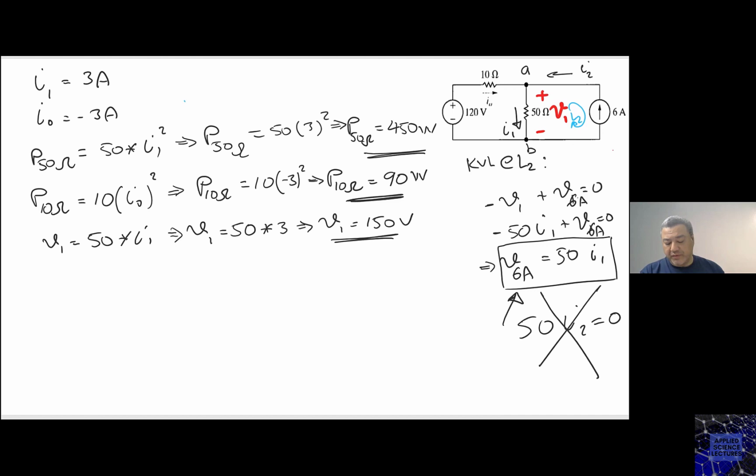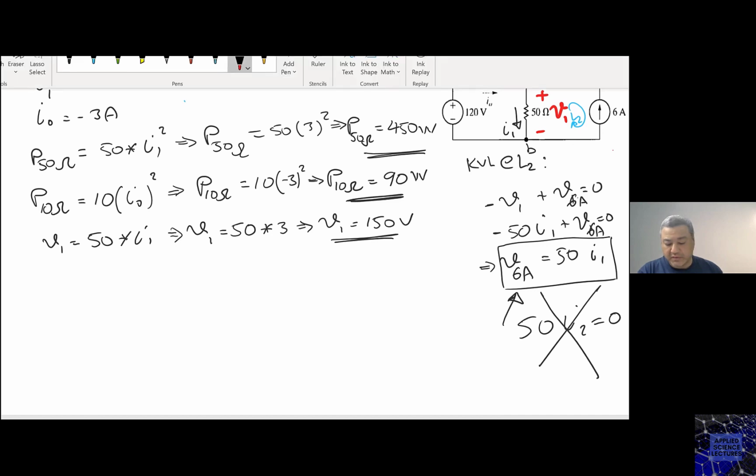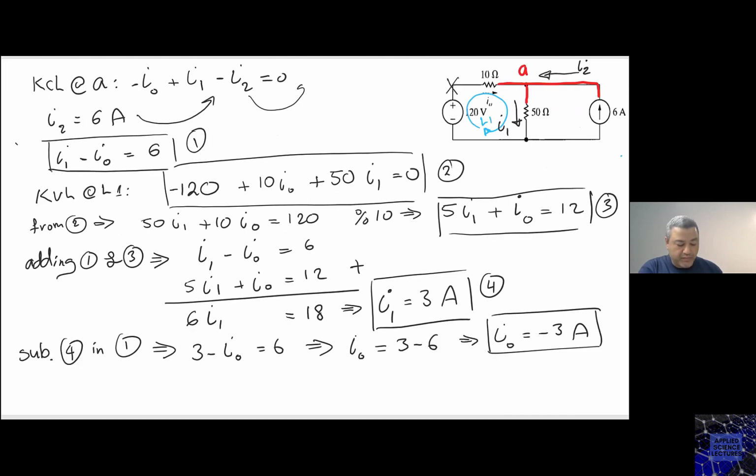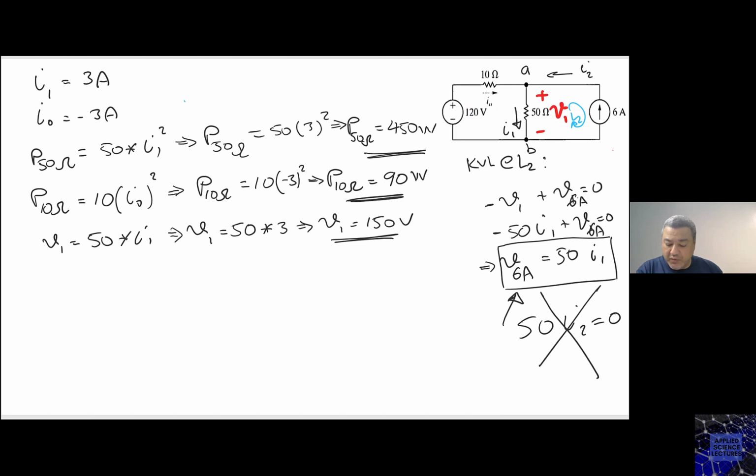So V1 is 150 volt, and remember this V1 is also across the 6 ampere, right? So I have V1 here as well. Both have the same voltage. The 6 ampere and the 50 ohm are in parallel. So if I want to calculate the power generated by this 6 ampere, notice that the current I2 is entering the negative.